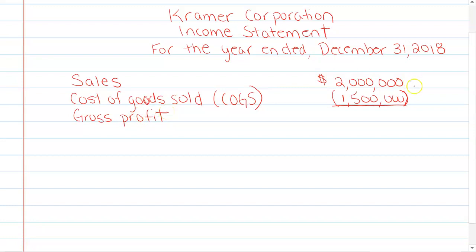So you just take 2 million minus 1.5 million, and that means you have 500,000 left over from after you make or buy the product and sell it, and then you have this amount of money to cover your selling and admin costs. So the next cost we have is our selling and administrative expenses.